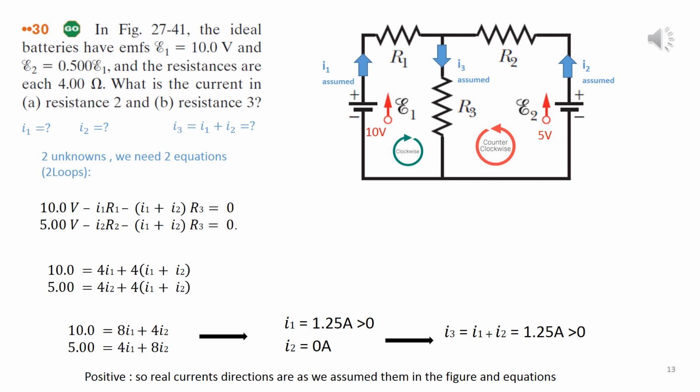And then remember to replace I3 by I1 plus I2. So I only have two unknowns and two equations. It can be solved either using a calculator or by substitution. The final answer is very strange because I2 came out 0. So I3 is equal to I1, whatever that value is, and the current is positive 1.25 ampere. It means that the assumed current is correct.